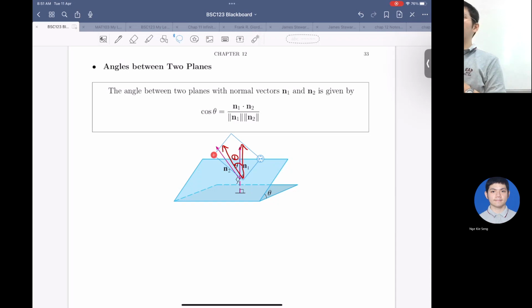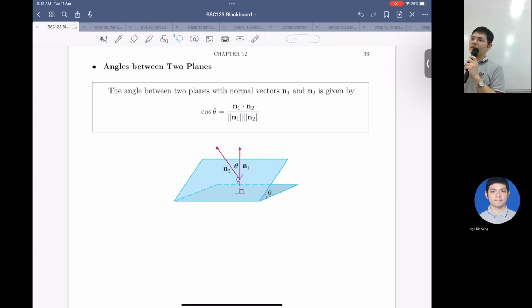So it is really the same angle whether you measure between normal vectors or between the planes. So how to find the angle between two vectors?